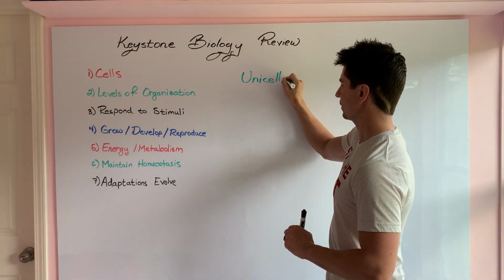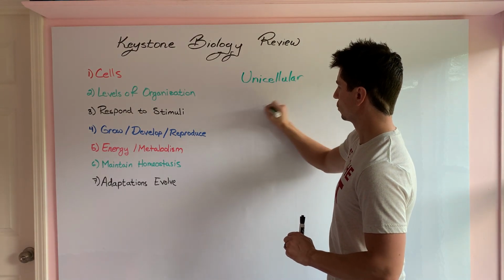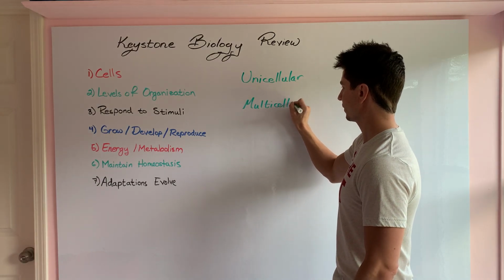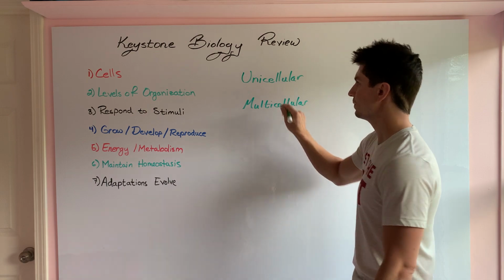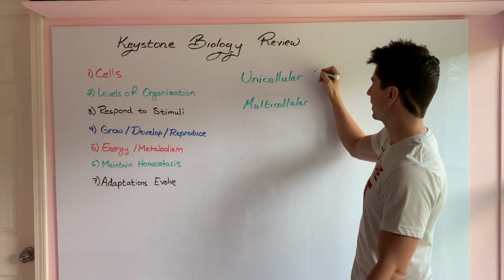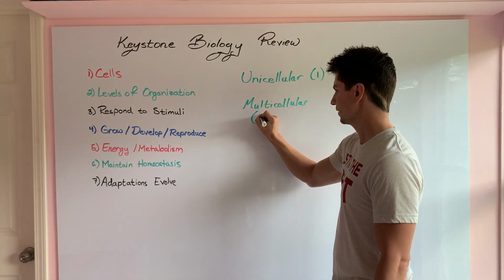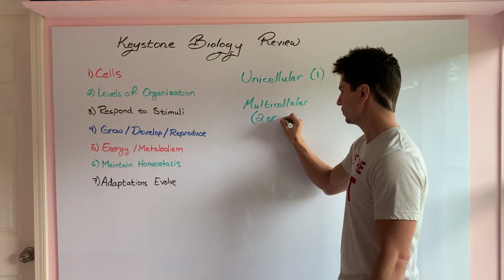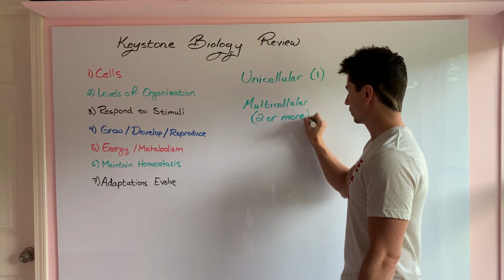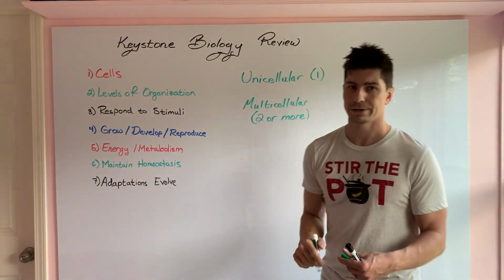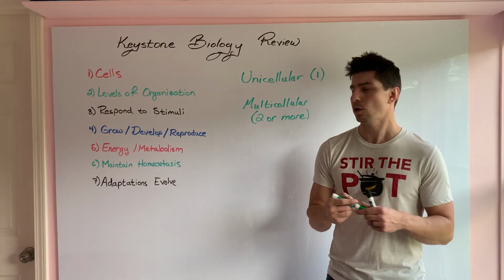organisms can either be unicellular or they can be multicellular. If they are unicellular, they are made up of simply one cell. If they are multicellular, they are made up of 2 or more cells. Okay? We are all multicellular. We have more than one cell.